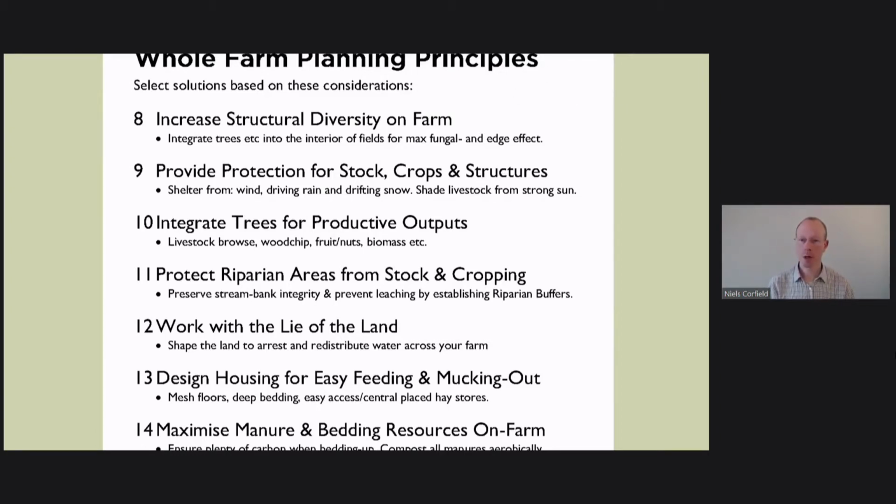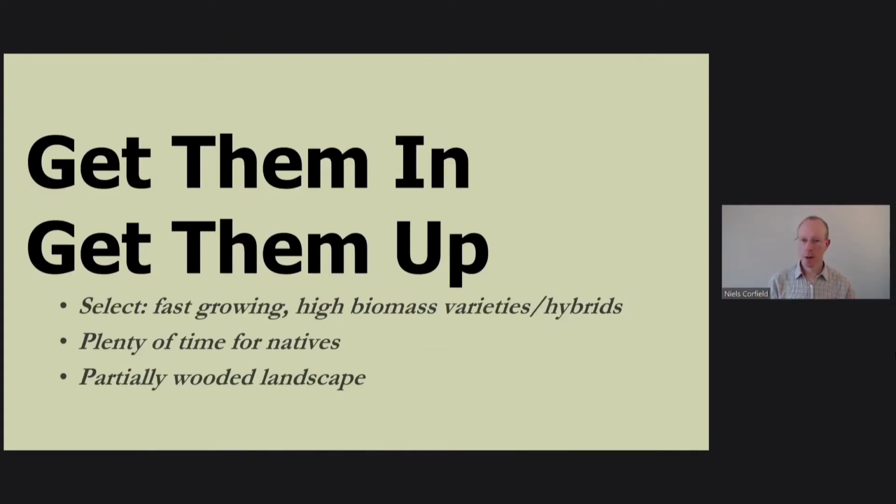The key heading that I put to get this going is this idea: get them up, get them in, or get them in and get them up. For those year one plantings, the advice is to select fast growing, high biomass varieties or hybrids, and then we can infill with natives and increase the diversity with subsequent plantings, enabling us to create that partially wooded landscape, which is effectively what we're looking to generate in a nutshell, if it's extended to its conclusion.